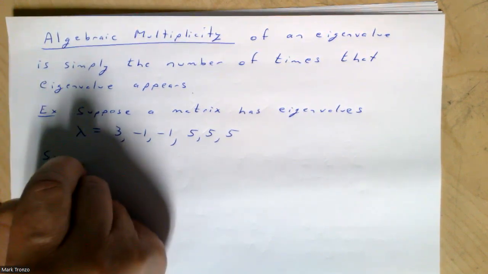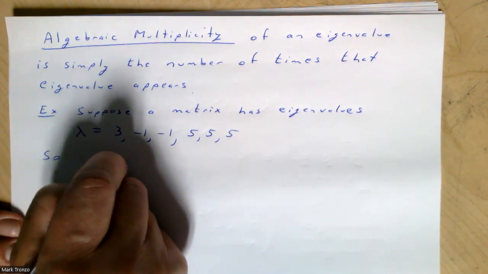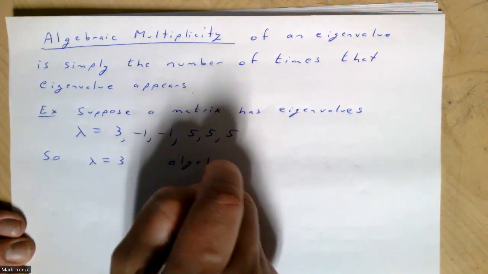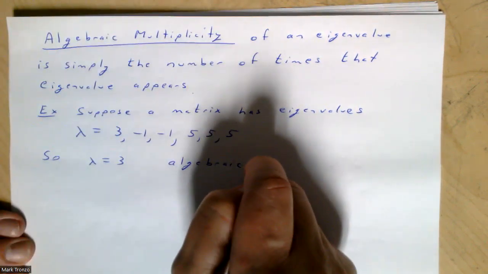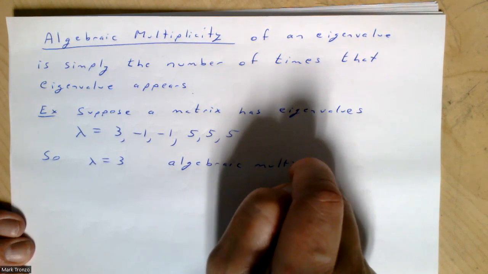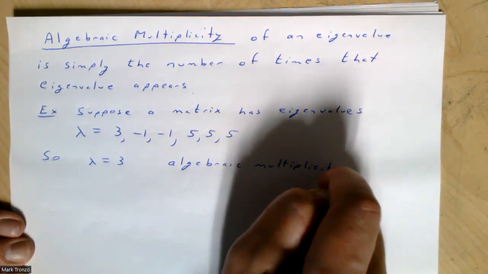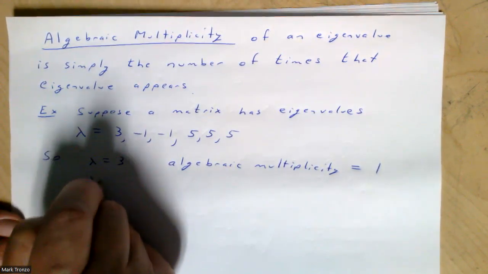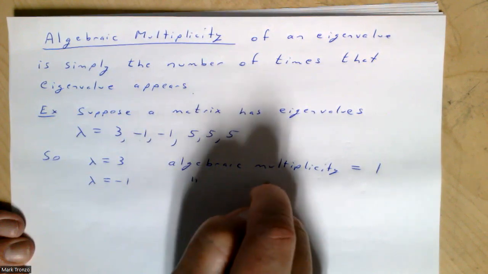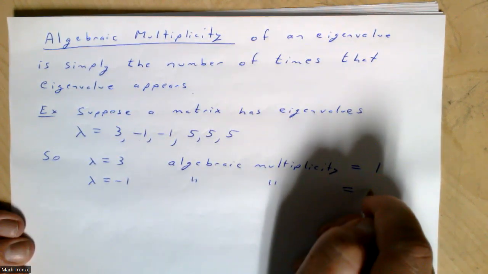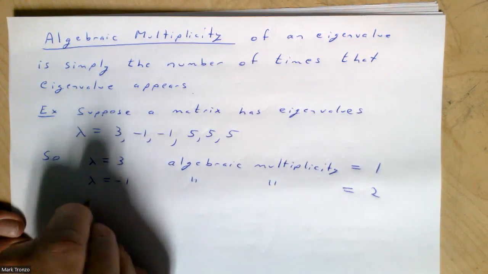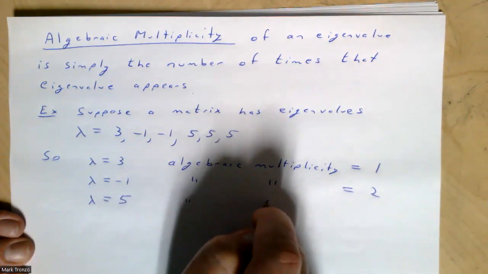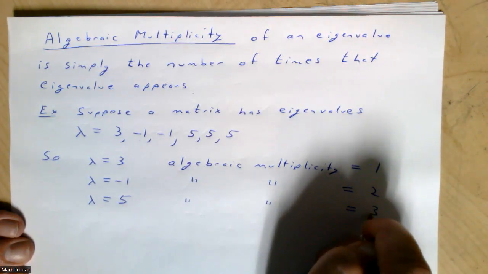So lambda equal 3 has algebraic multiplicity equal to 1. Now, -1 has algebraic multiplicity equal to 2. And 5 has algebraic multiplicity equal to 3.